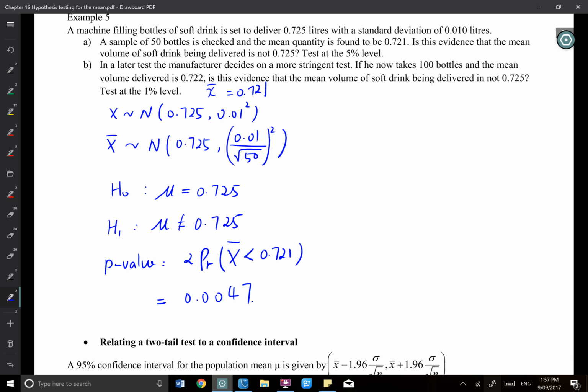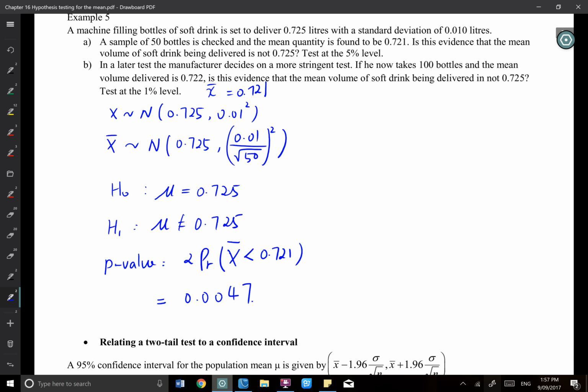So again, your x bar has standard deviation 0.01 divided by square root 100, so it's 0.001 now. X is normally distributed, and my H0 is still mu equals 0.725, and H1 is still that mu is not equal to 0.725.